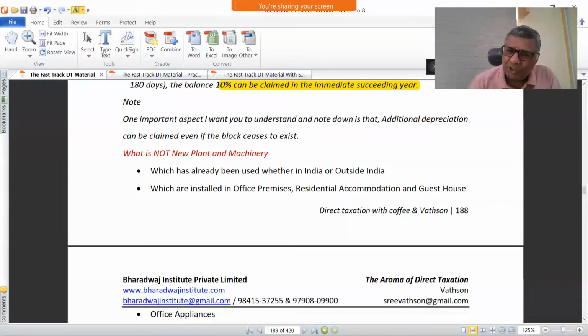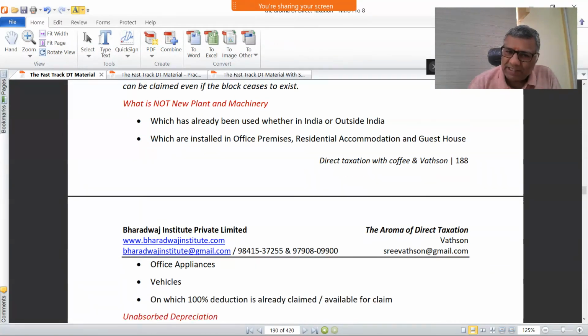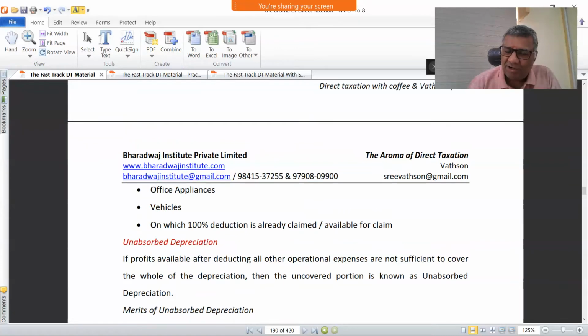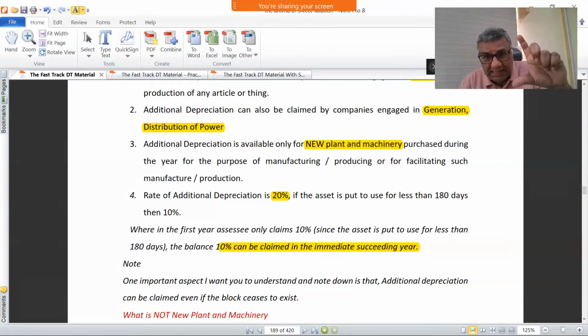What is not new is whatever is already used in India or outside India. Whatever is not installed in the factory, etc., is not considered new. Can you quickly read except additions?